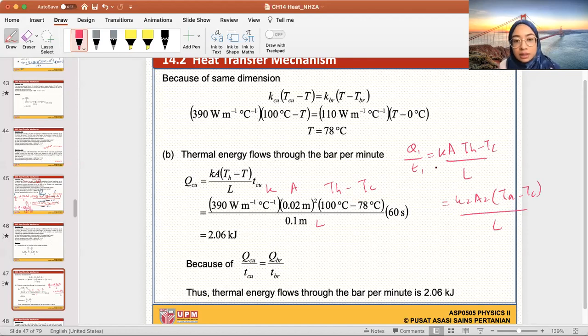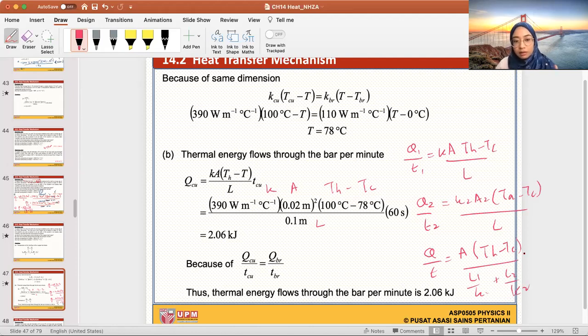Sama je. What I want to know here is what is the Q in 1 minute? So I can use Q2 over T2. I can use Q1 over T1. I can also use the equation that Shasha proposed, Q over T equals A, TH minus TC over L1 over K1 plus L2 over K2.